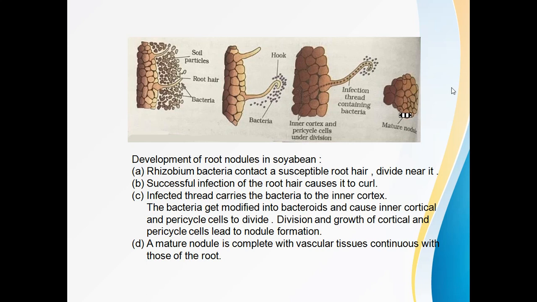So bacteria convert the nitrogen present in the air into ammonia, because they have an enzyme called nitrogenase. Then plants can use this nitrogen for their growth and development.